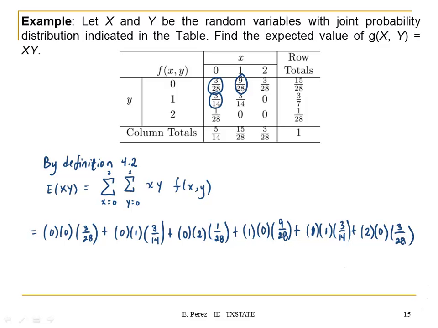So from here you can see that this is 0, this is 0, this is 0, 0, and 0. So the mean for this joint distribution is 3 over 14.